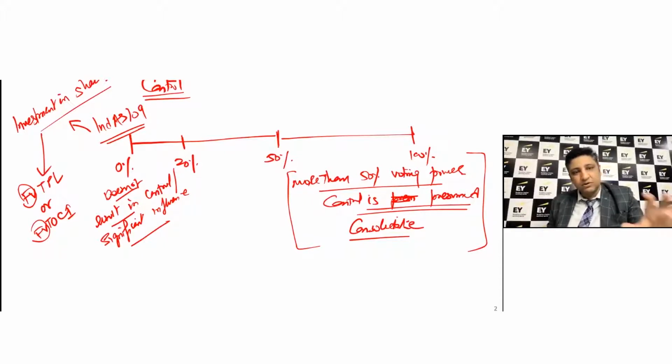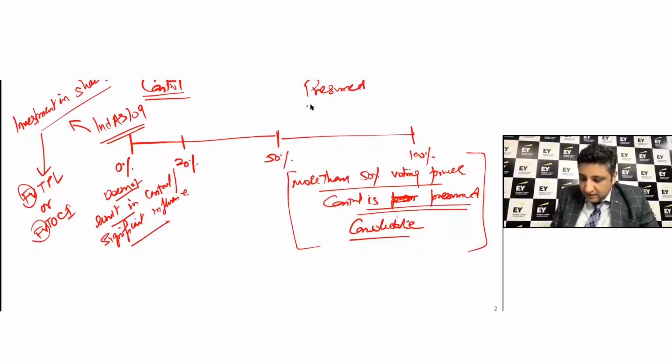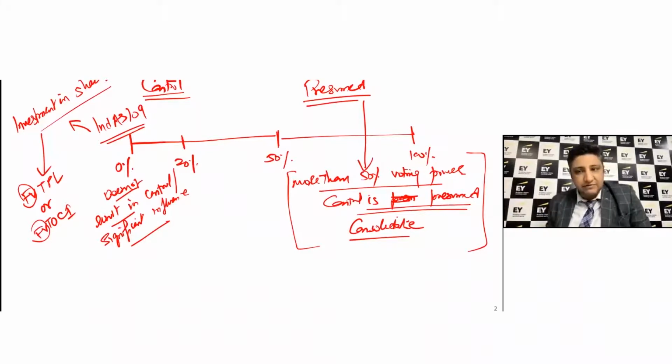So what Ind AS 109 talks about is that it does not result in control or significant influence, and it is again presumed, right? So the word presumption is important. It is presumed, again, the way we presume that if more than 50% of voting power is there with you, then the control is there with you, right?